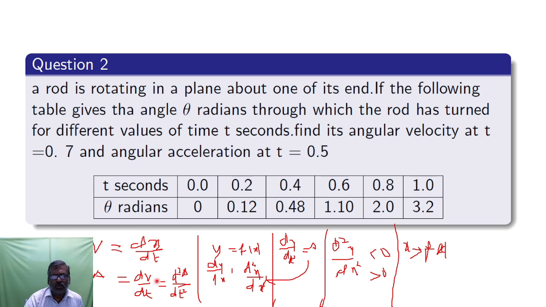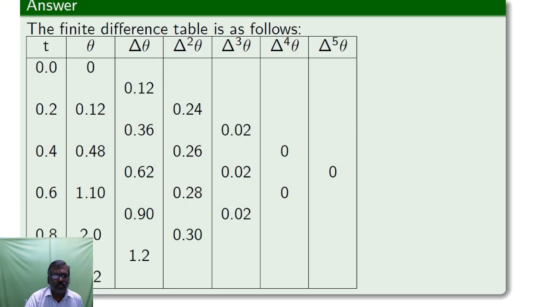Okay, now see how we are going to write this. First is time t. Then we have to find the relation between angular velocity and angular rotation. It is related to angle. That's why instead of y, here we write theta. So t and theta are given. By the same technique, we have to find a finite difference table.